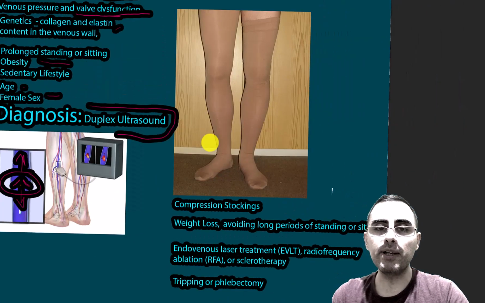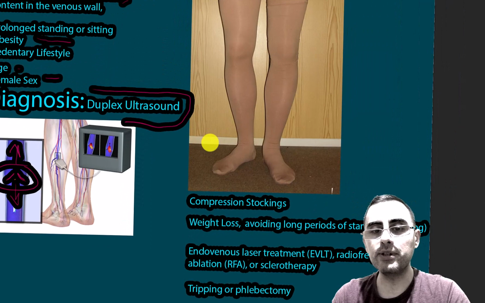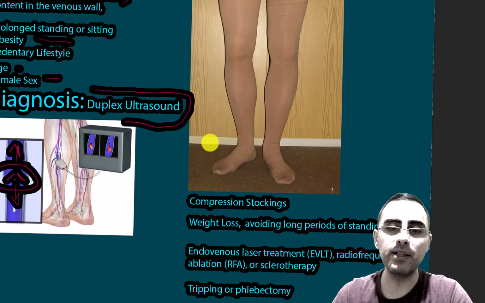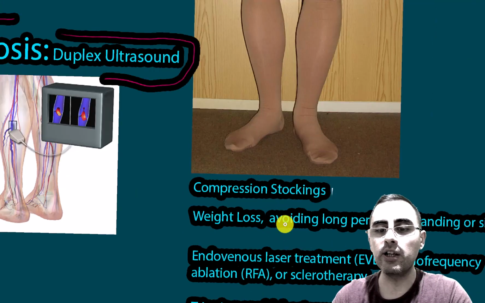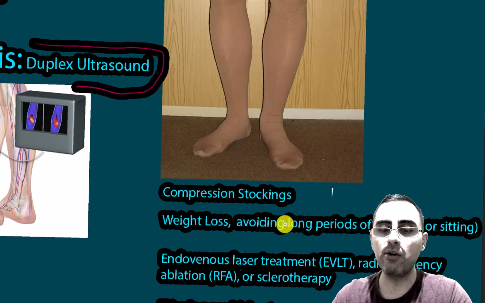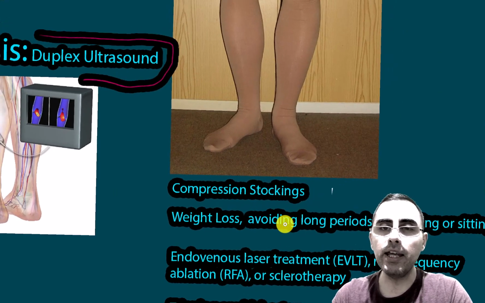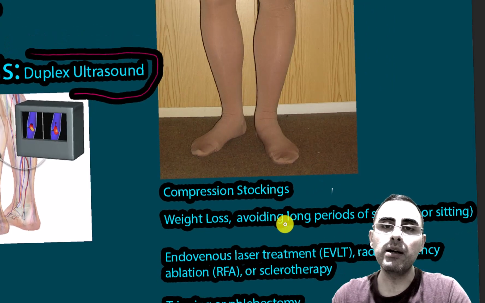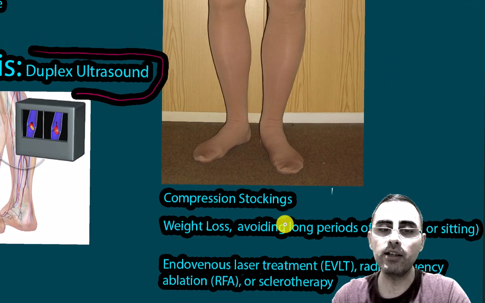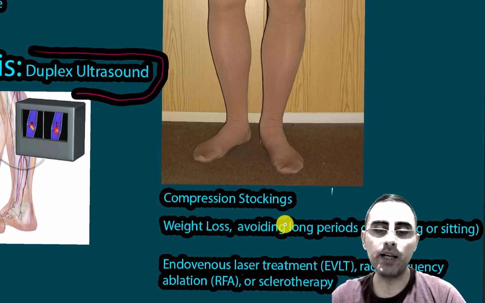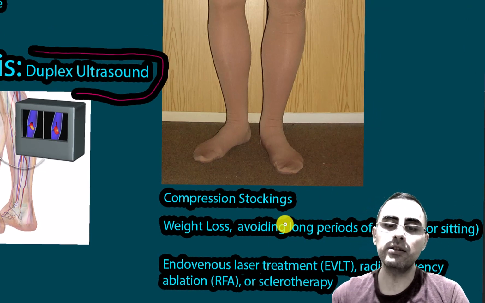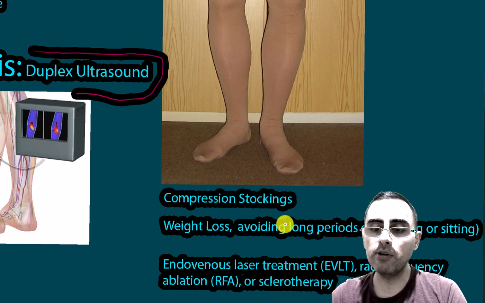And what is the treatment? Conservative treatment or first line treatment is compression stockings, weight loss, avoiding long periods of standing or sitting. If these lifestyle modifications and compression stockings are not enough, then endovenous laser treatment is common.